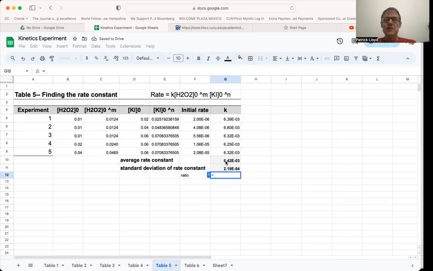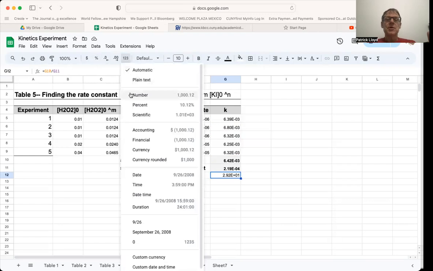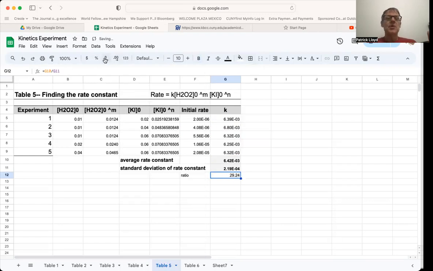If I do that, it's a factor of almost 30, 29.2. So it's 29 times bigger. That means those values are pretty close to each other. Again, I made those numbers up. I made the times up. I picked numbers for the times that would give us good results. Your results may vary.